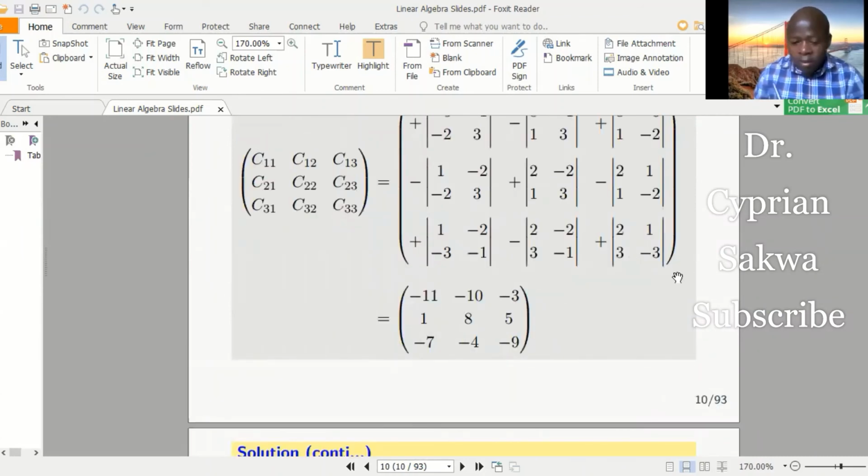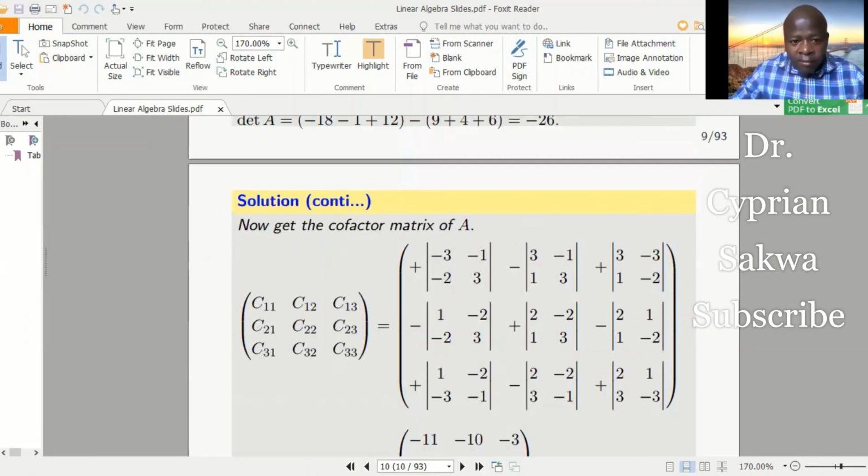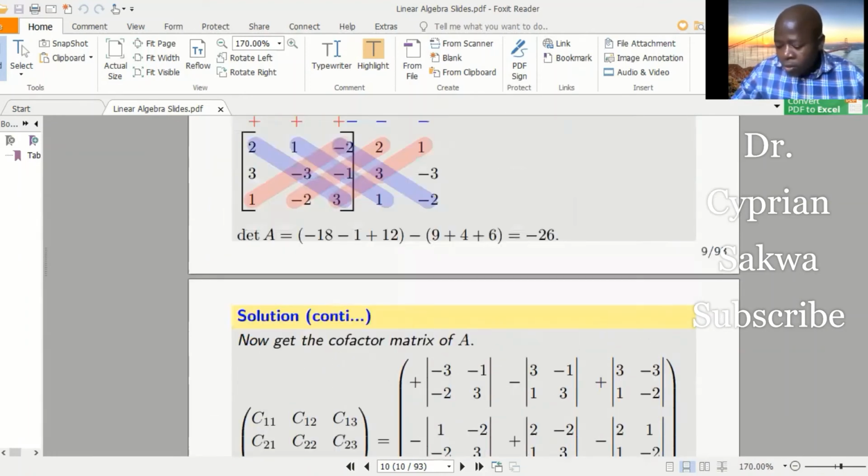The matrix that we were given was 2, 1, negative 2, 3, negative 3, negative 1, and then 1, negative 2, 3.